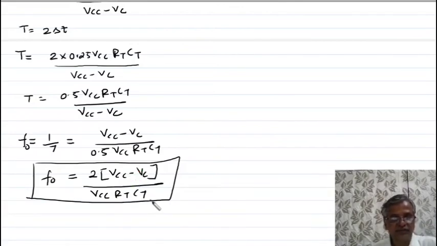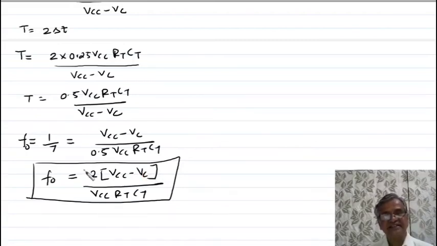If any one of these is changed, then frequency FO will be changed. The voltage VC can be changed by the potential divider network R1 and R2 as shown in the figure. Already I have shown the diagram. By changing the value of R1 and R2, you can change the value of VC.